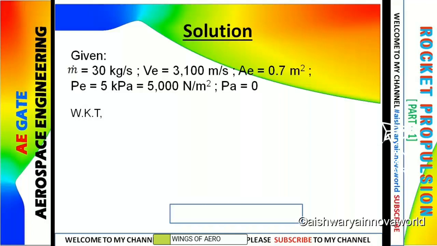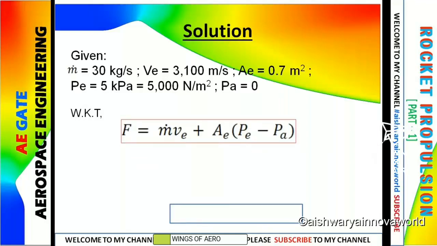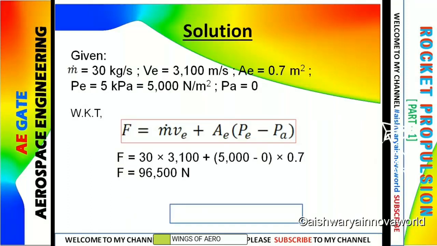Here is the given data which we have seen. In the given data, we know that F equals m dot VE plus AE times (PE minus PA). So here, since the value PA is not given, we have to take it as 0. Got it? Next step is substituting the values.